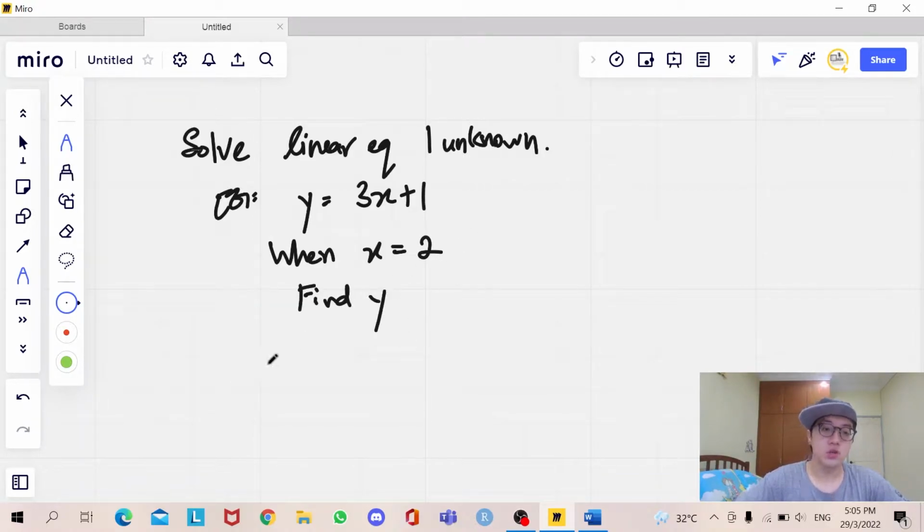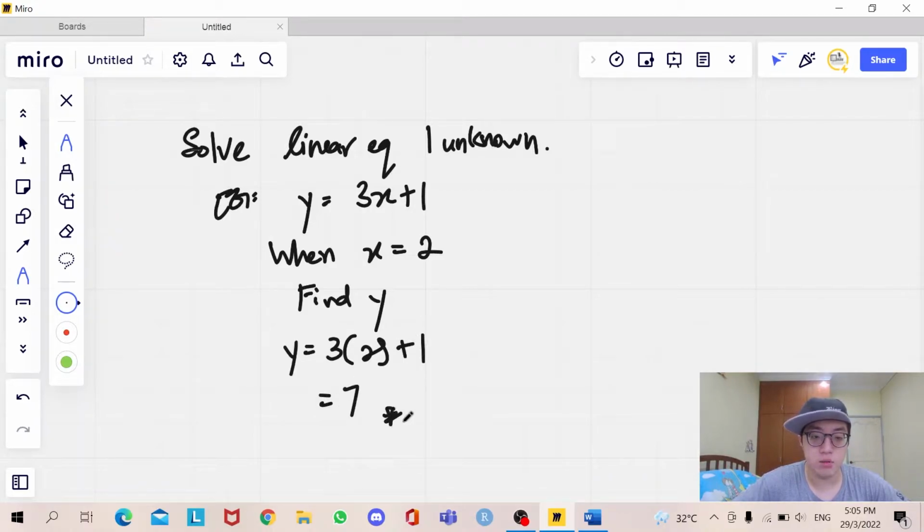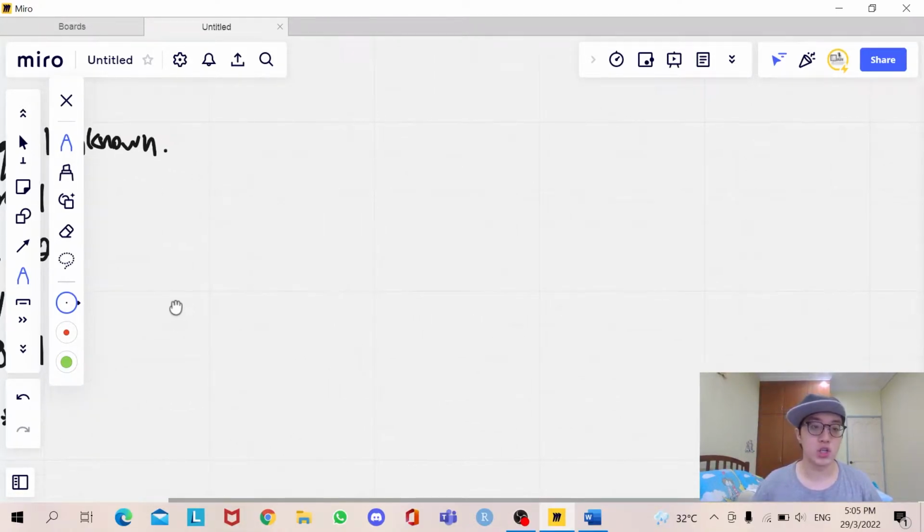In this part, you are given x is equal to 2, which means this whole equation has only one unknown, which is y, and you have to find y. So y is equals to 3 times 2 plus 1, which gives you y is equals to 7. It's just that easy. But now we are talking about something called simultaneous equations.